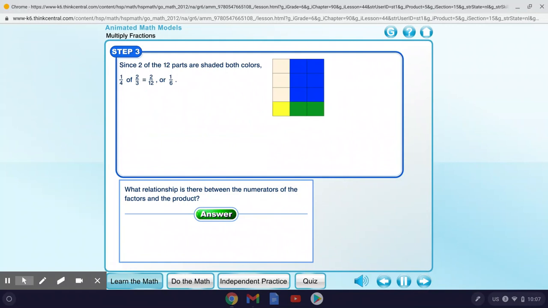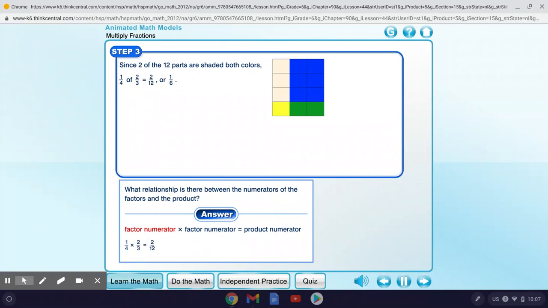What relationship is there between the numerators of the factors and the product? Click the button for an answer. Where is the relationship or the connection between the numerators of the factors and the product? Well, the numerators multiply together. You multiply the numerators and then you multiply the denominators.